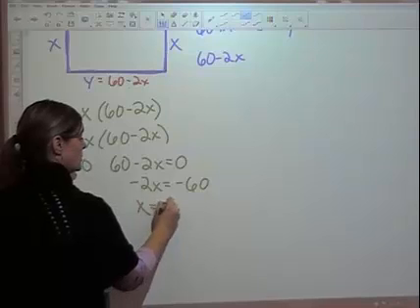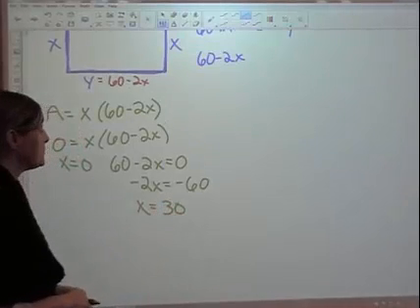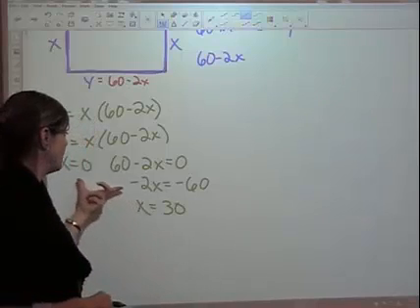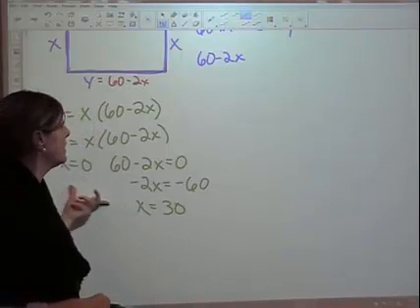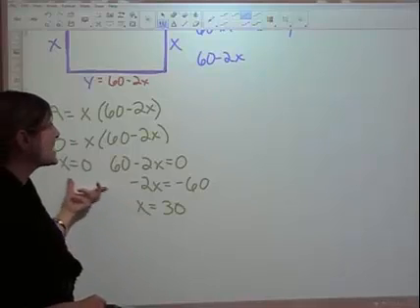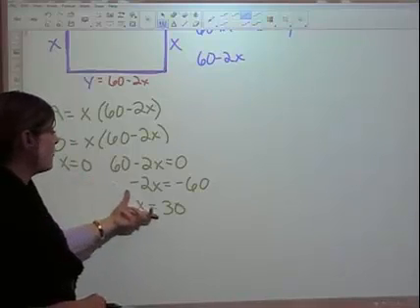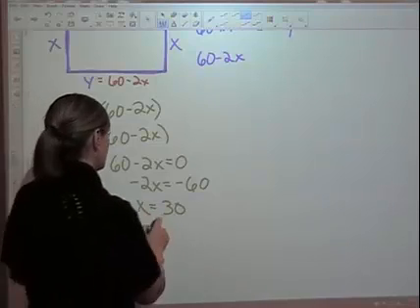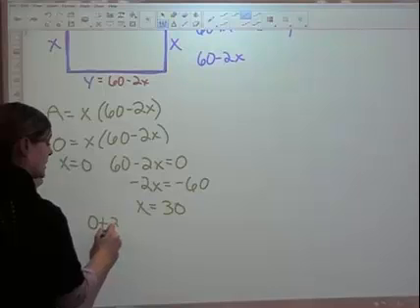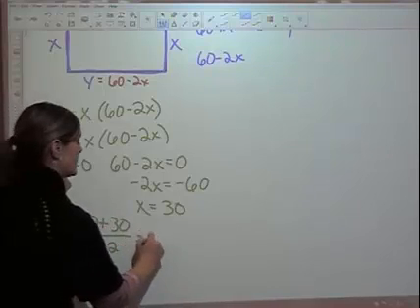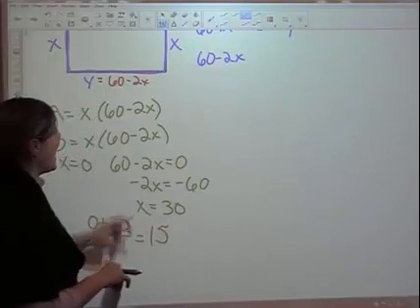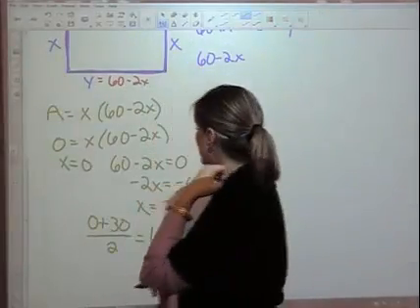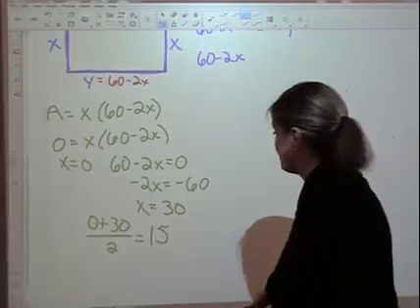So x equals 30. Now remember, our maximum point is at the vertex, which is halfway in between these two x values. Okay, so the maximum area is going to have an x value that's halfway in between here. So we have 0 plus 30 over 2, which is going to give us 15. So when x is 15 meters, that's going to maximize our area. So let's take a look at what that area would actually be.